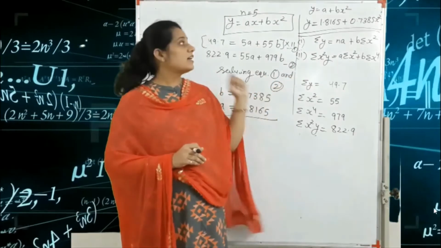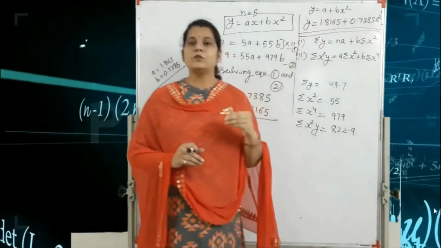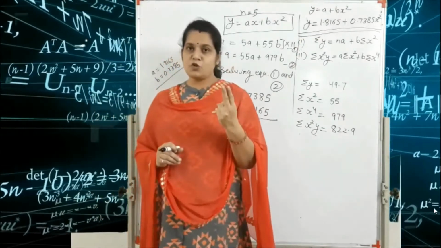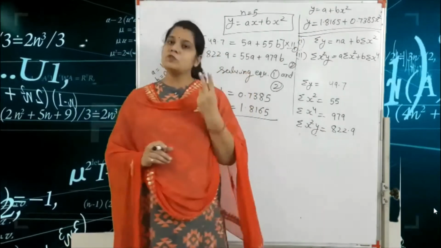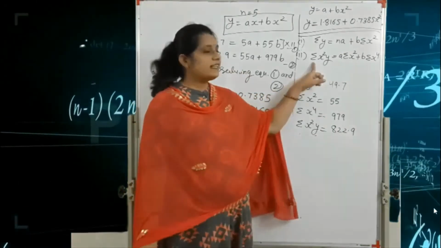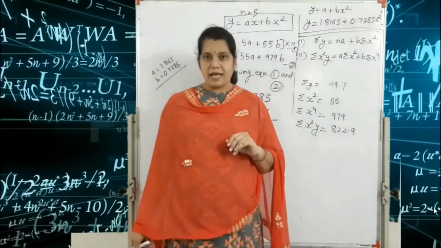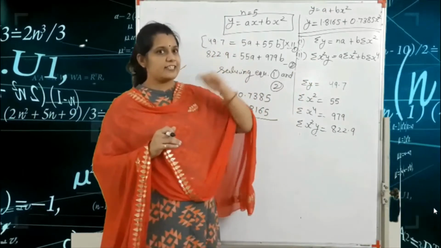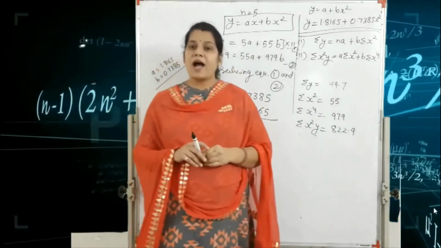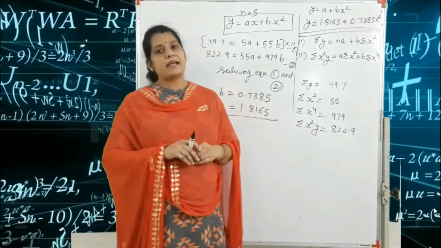Got it? Our second quadratic equation is y is equal to a plus bx square. So here the number of constants is 2. So we write here the two normal equations. But in these two normal equations, our second equation is of the form summation x square y. After that, our third equation is y equal to ax plus bx square.